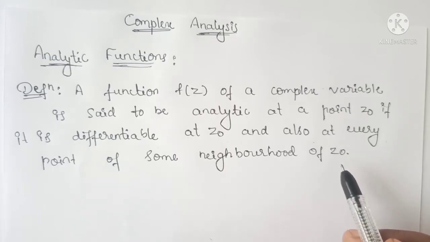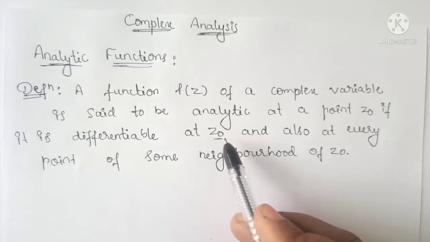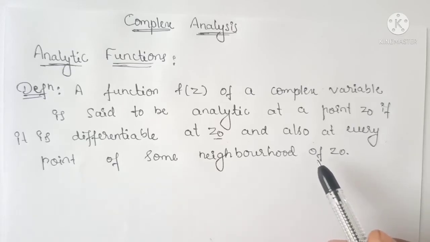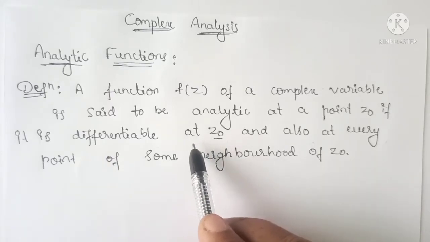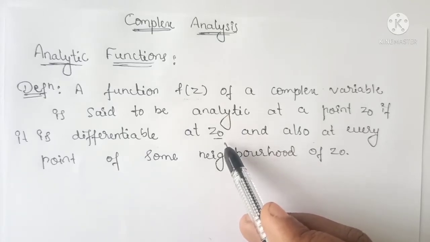So that means any function f of z is said to be analytic if it is differentiable. Okay, so it is differentiable at z0 and also in the neighborhood of z0, that is all points of the neighborhood of z0. Then we say that this f of z is analytic at z0.